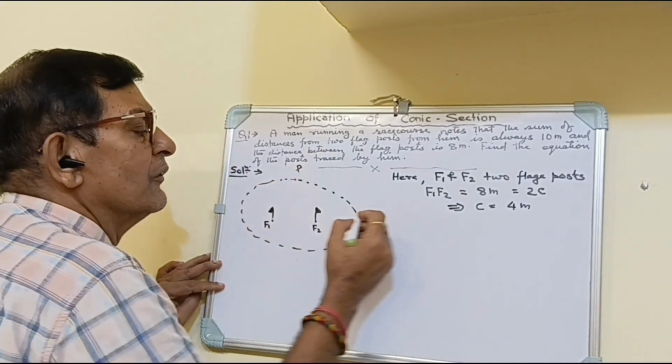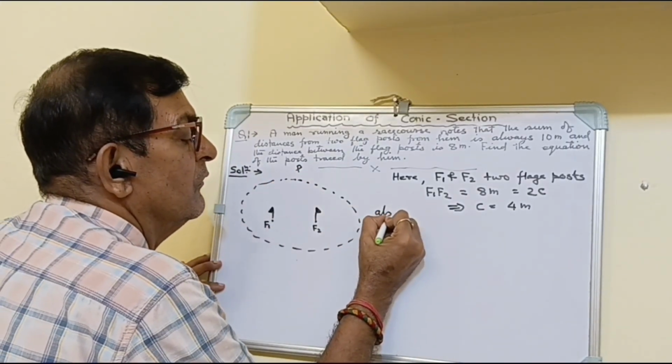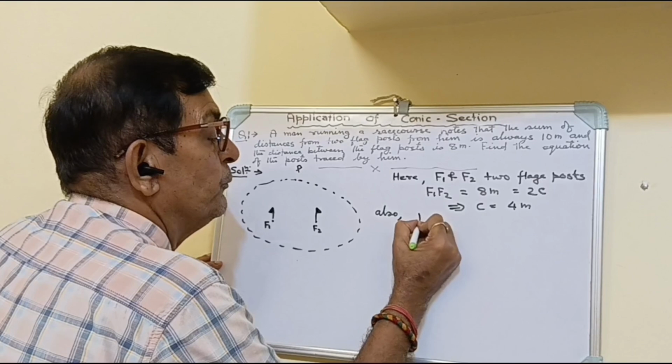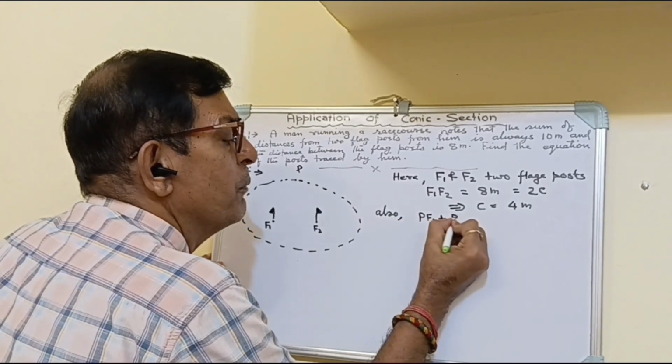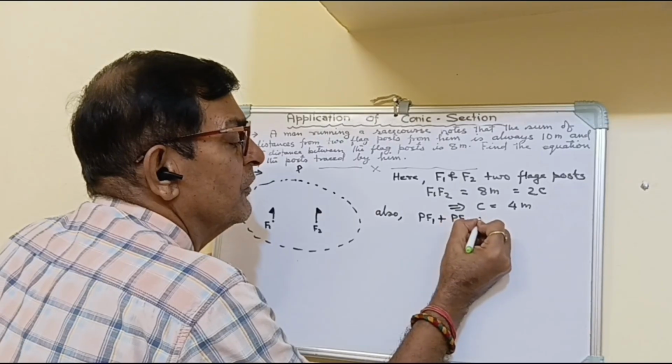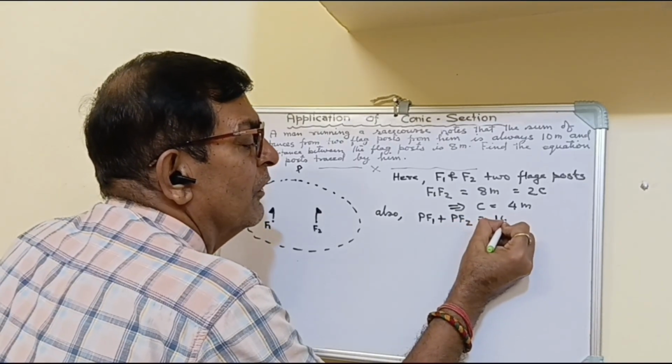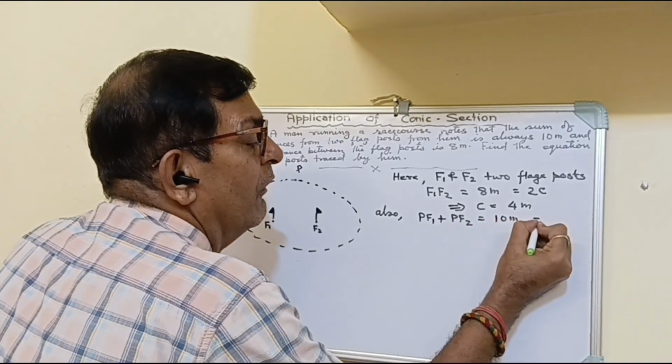Sum of distances PF1 plus PF2 is equal to 10 meters, and that is called 2a.